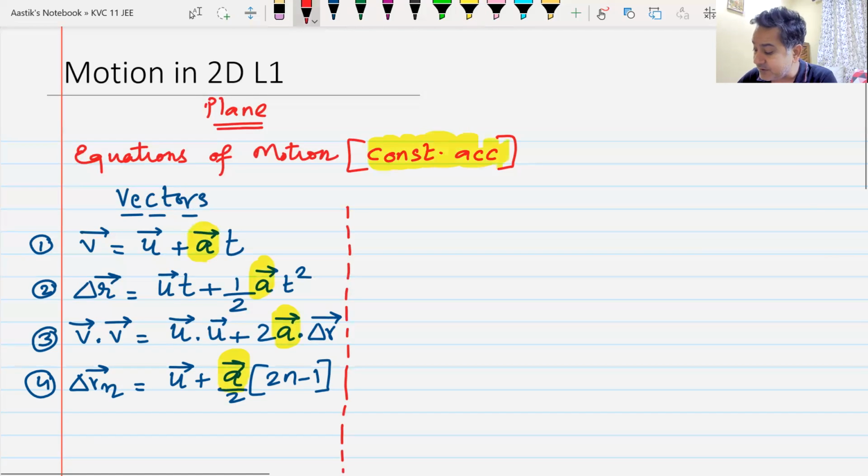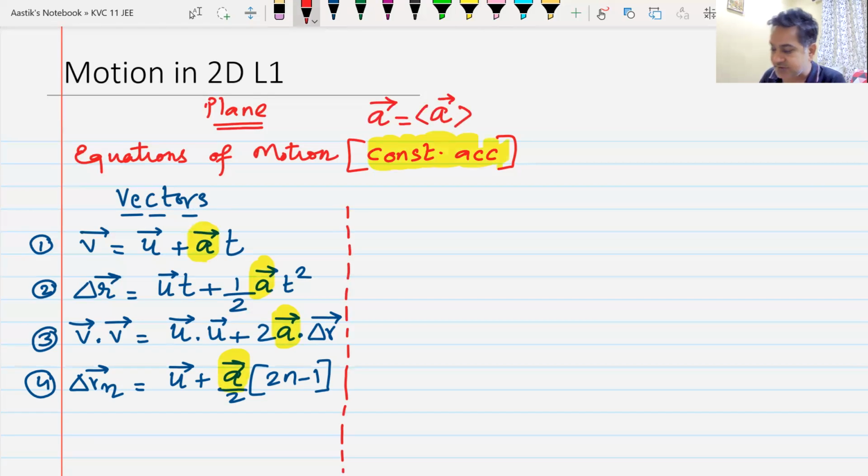What did I mean by constant acceleration? When the acceleration is constant, it remains the same, and your average acceleration and your instantaneous acceleration are both equal. Do we remember this? Do we understand this? I repeated the same thing many times so that even if you have any doubt, that doubt stands cleared. I'll give you 1 minute to note it down.